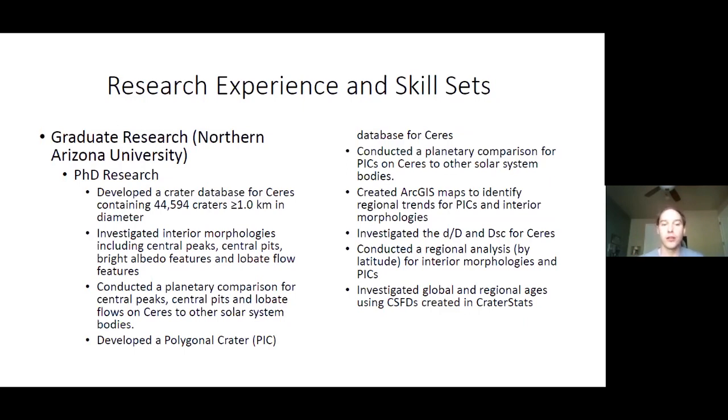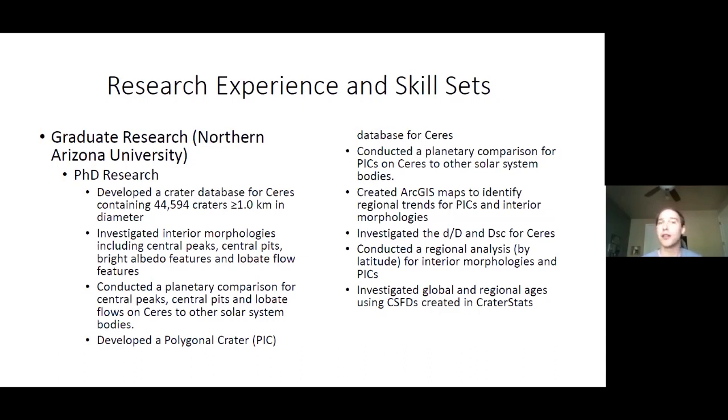And then I also developed a polygonal crater database. And this polygonal crater database is more comprehensive than some of the smaller databases that are out there right now, due to the fact that I was looking at the number of sides for these polygonal craters, angle between linear rim segments or sides, as well as the relationship to fracture systems seen across Ceres, and subsurface fractures, which didn't break through the surface, and what that can tell us about any weakening mechanisms and how it may relate back to Ceres' true polar wander.